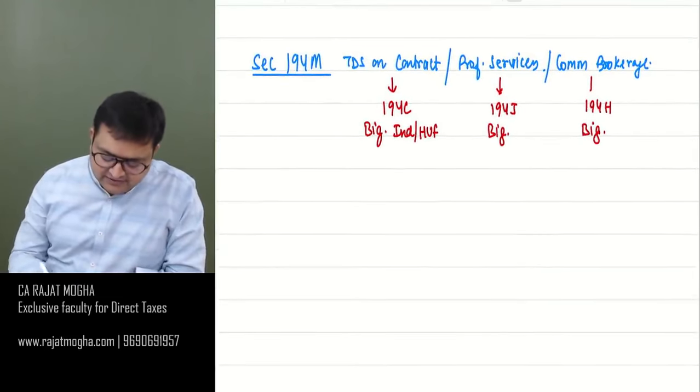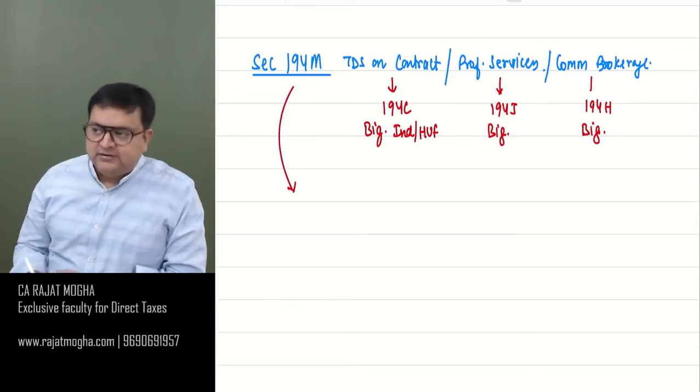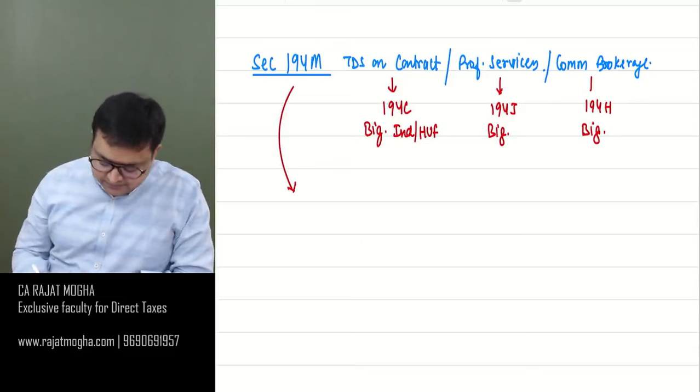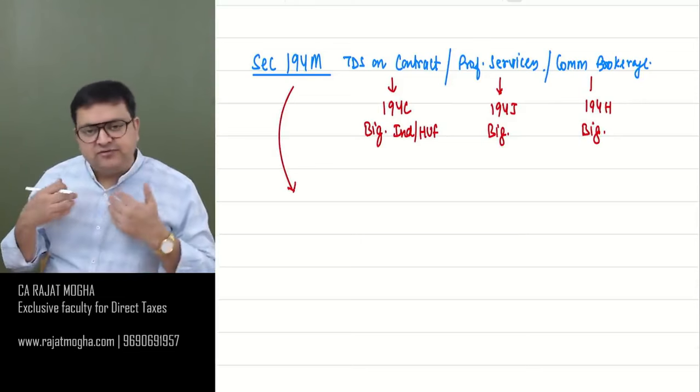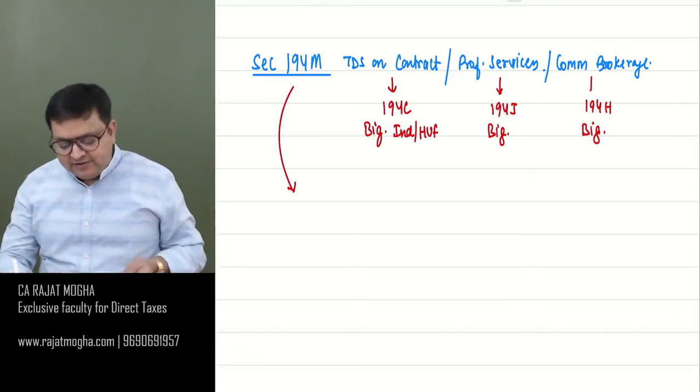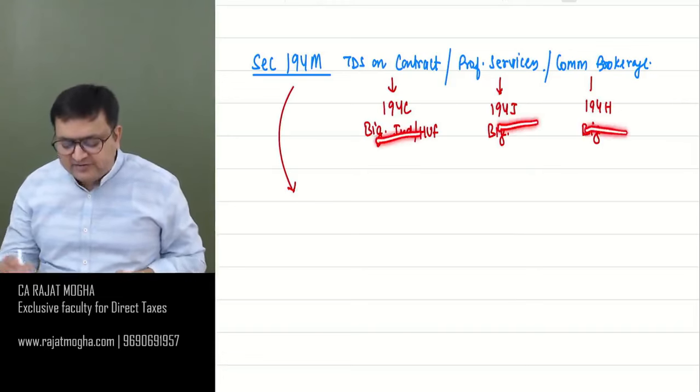So they made a section 194M. This section is applicable even if you are a small individual. If you are a big individual or HUF, you have their own specific sections.